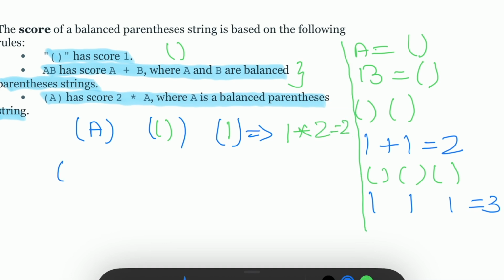If a string has something like this, then the inner parentheses have a score of 1 and the next inner parentheses have a score of 1 into 2.